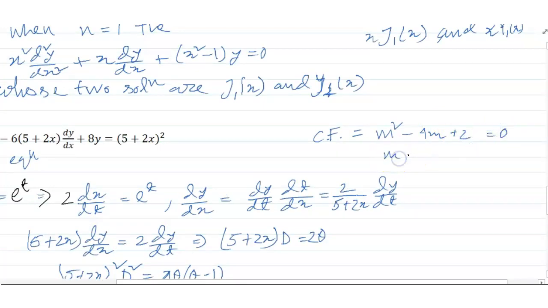So m equals minus b plus minus root over b square, 16, minus 4 into 8, plus 8. No, sorry, it is not plus 8, yeah, minus 8. b square minus 4ac can be written minus 8.